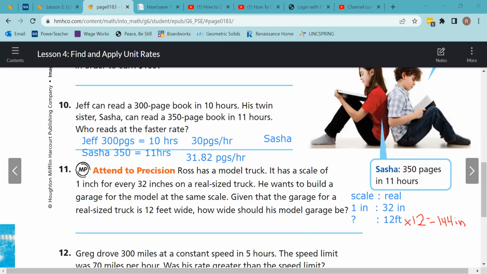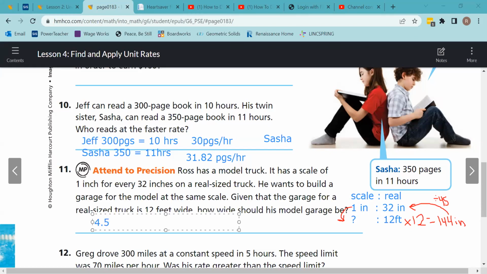Okay, and then I'm going to do that 144 and divide it by the 32, which is 4.5. So to get from there to here, you divide by 4.5. When you're going the other way, you're multiplying, right? So here you're going to take 1 times 4.5 to get the missing number, which beautifully enough is 4.5.